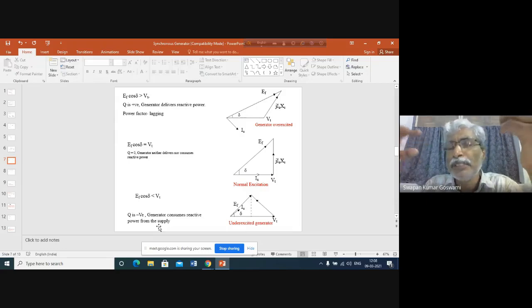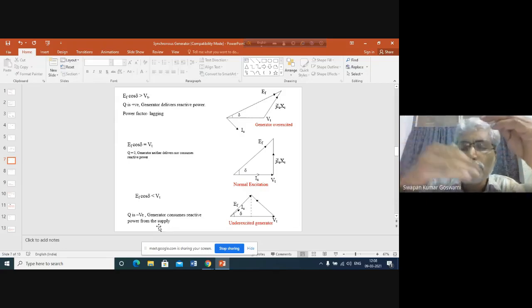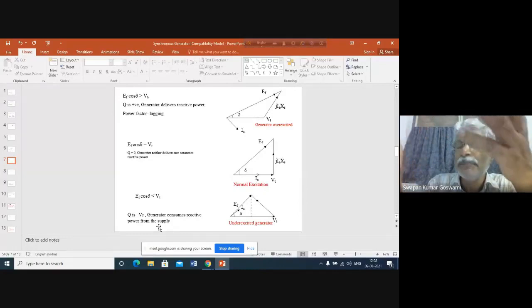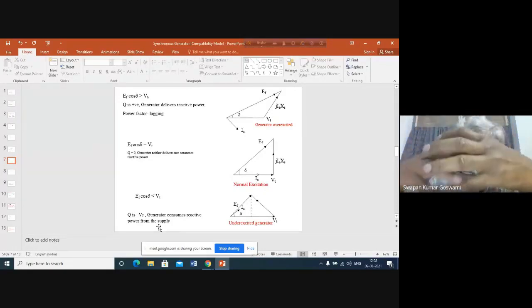That means reactive power will flow from the power system into the generator. With respect to reactive power, the generator will be behaving as a load.